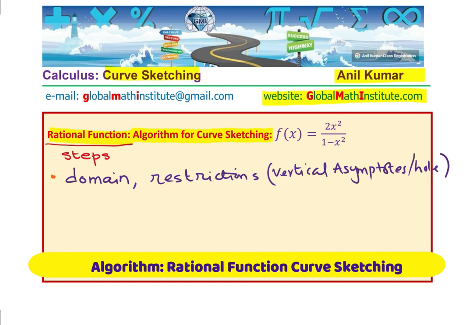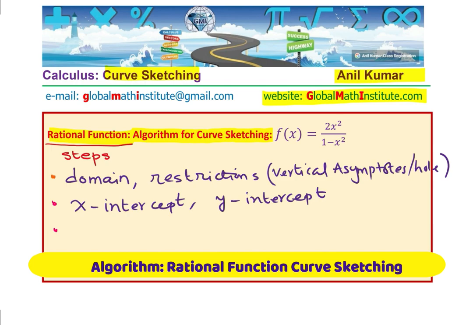Second, what you need to do is find intercepts. So you find the x-intercept and also the y-intercept. And then, once you have this basic information, there are some special properties which you could look into.